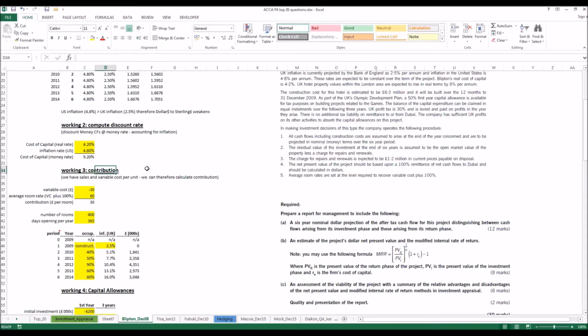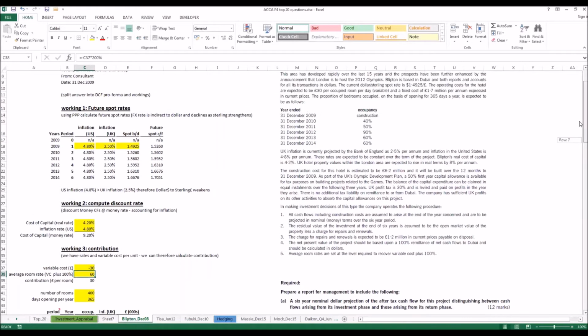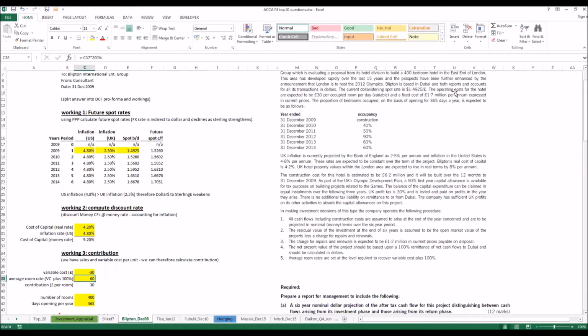Contribution. So how much are we making on each room? Variable cost in pounds is £30 per room per day. Average room rate is £60 per room per day. And like I said, we are told that the operating costs for the hotel are expected to be £30 per occupied room per day.